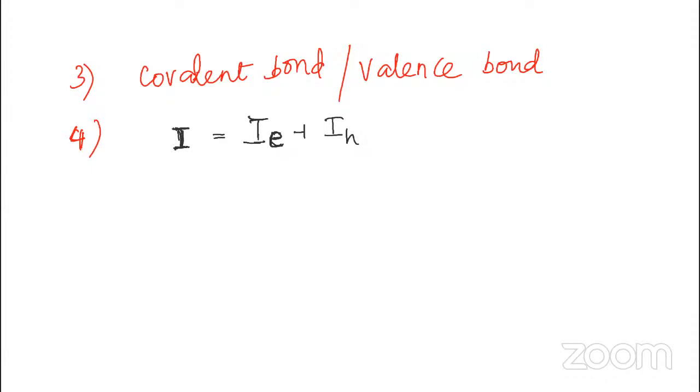And the fifth one: if you go for the temperature, as temperature increases, the resistivity of semiconductors decreases, as we saw, right? So as temperature increases, the resistivity value of semiconducting materials should decrease. Now at 0 Kelvin, what will be the position of the semiconductor?